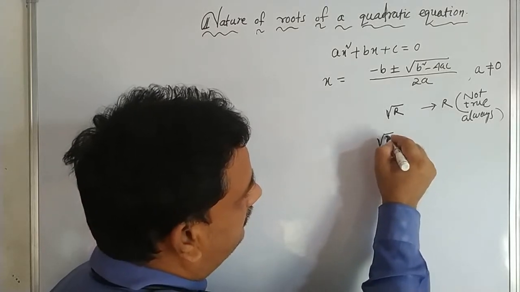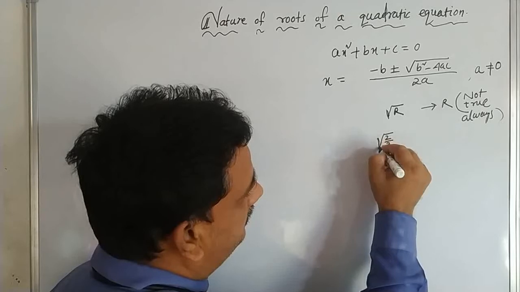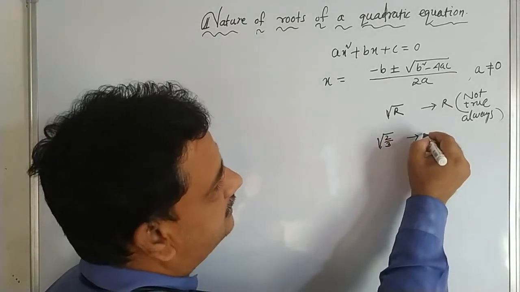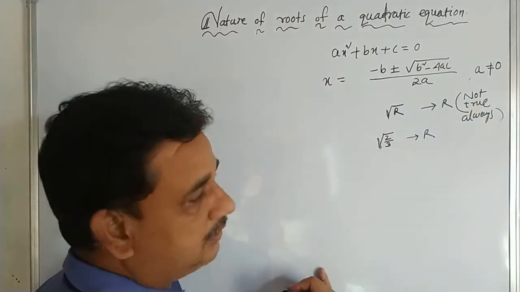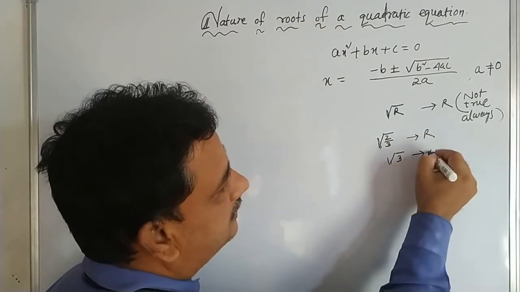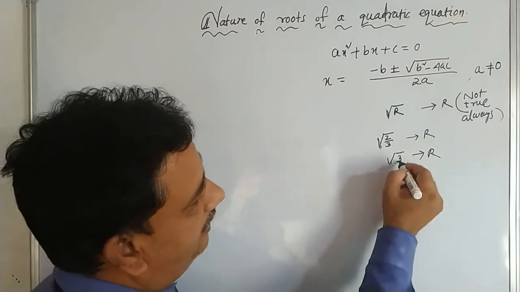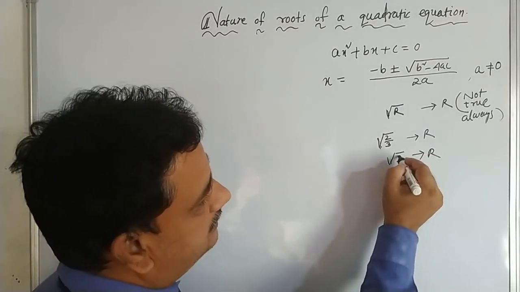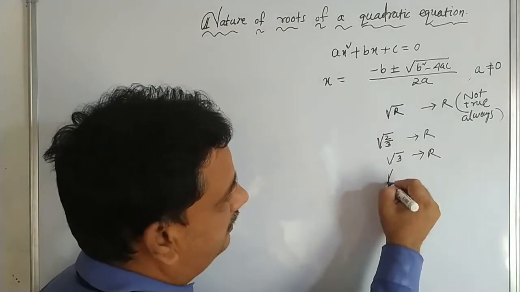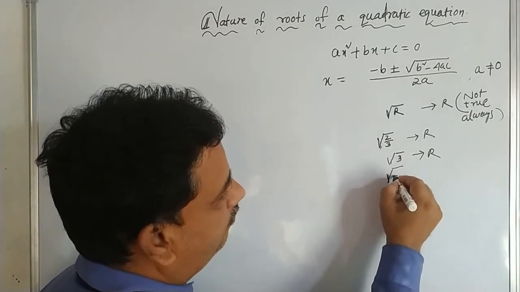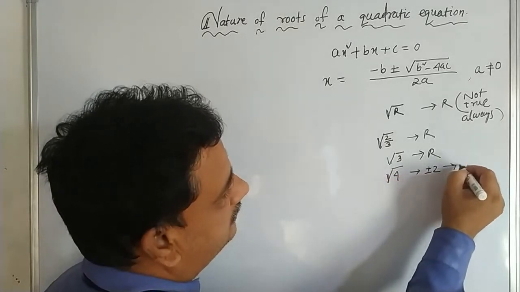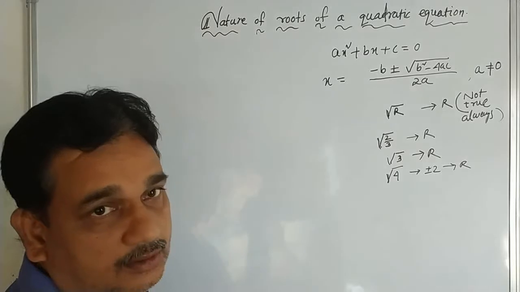For example, square root of 2 upon 3, yes, it's a real number. Or square root of 3, yes, it is a real number. Square root of 4, you are writing plus or minus 2, which is a real number.